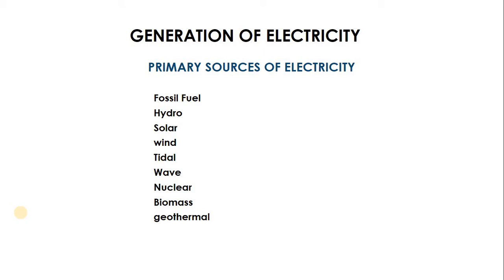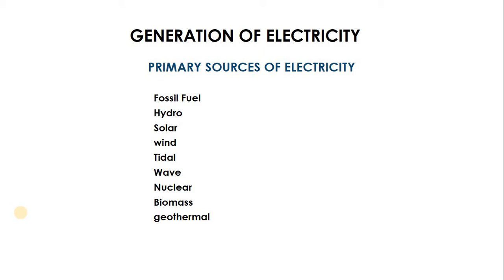And like I said, the main component of any generator and of any power generation plant is the turbine. Every turbine will definitely be coupled to the shaft of the alternator.